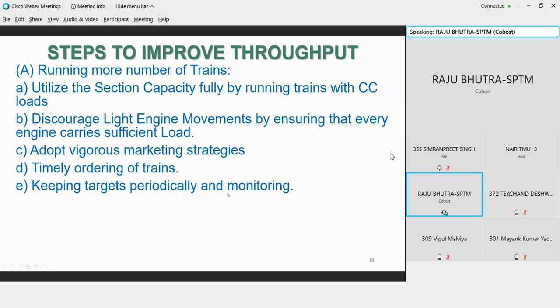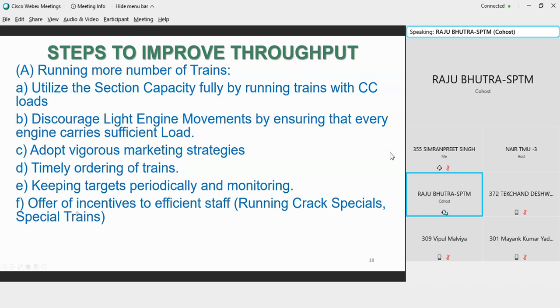Keeping targets periodically and monitoring. So if all the targets are kept periodically and monitored, then we will be able to run more number of trains, and more throughput can be achieved. Offer of incentives to efficient staff, running crack special trains. All these measures will increase throughput by achieving more efficiency.